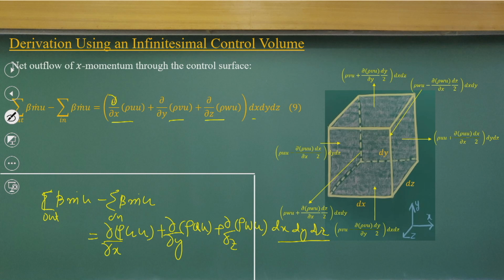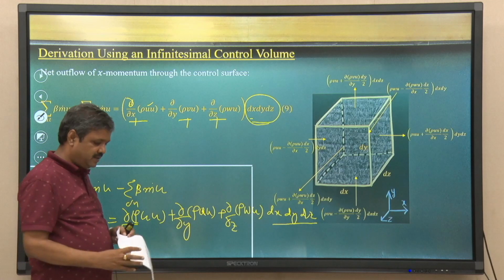The fluid particles are coming in and going out, so momentum flux comes in and also goes out of this control volume. The gradients in the x, y and z directions show the force components acting on this control volume because of the momentum flux, per unit volume. That is the reason dV is there.